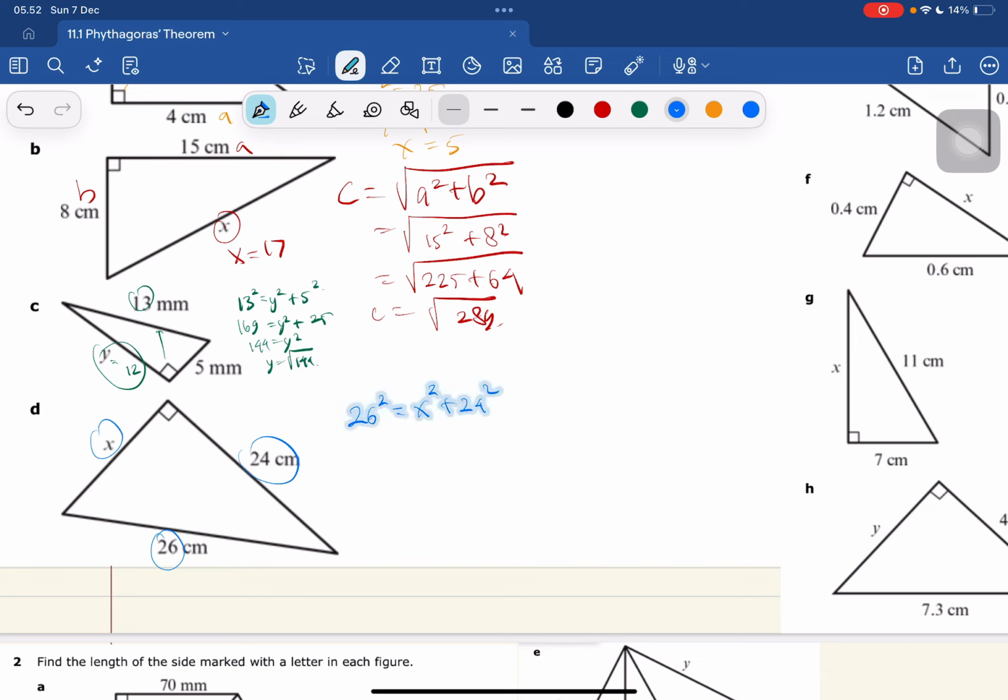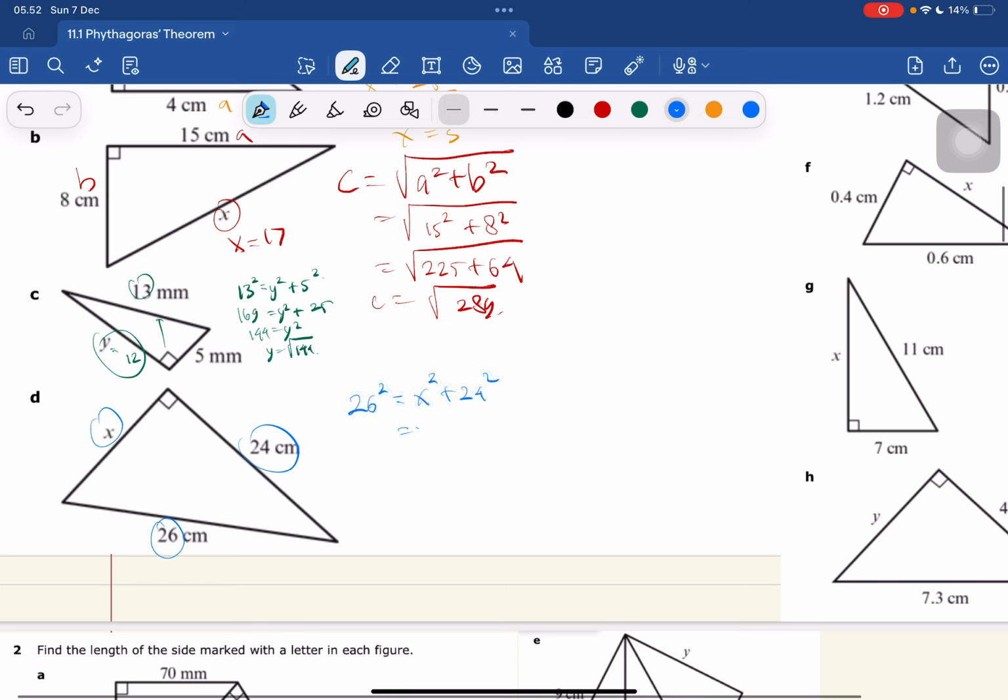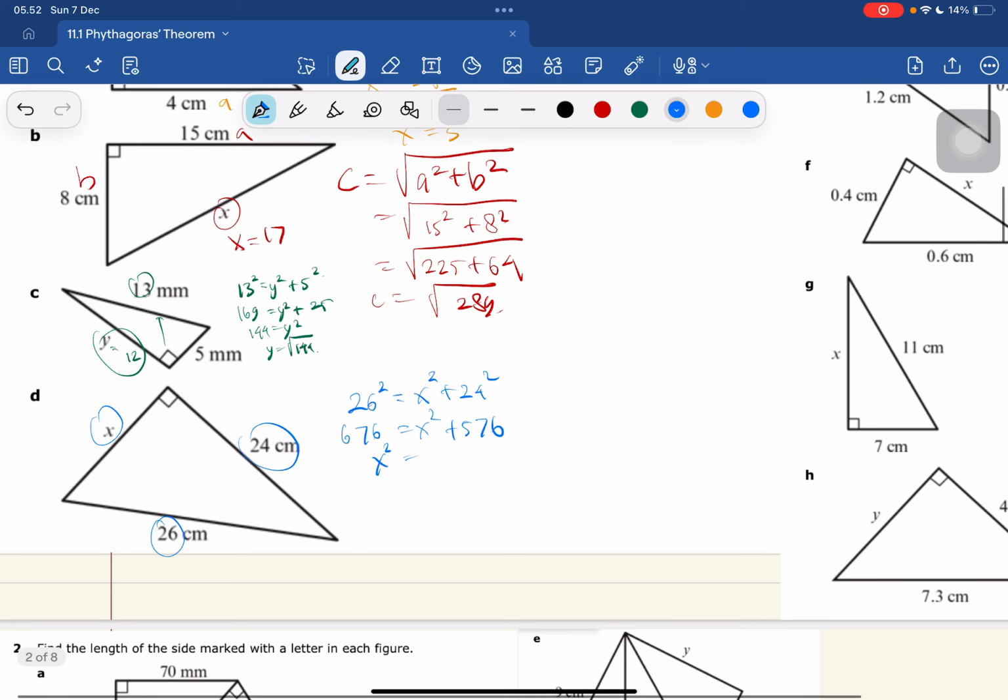So 24 squared is 576, and then 26 squared is 676. So x squared is 676 minus 576, which is 100. So x equal to square root of 100, or x equal to 10. So this is equal to 10.